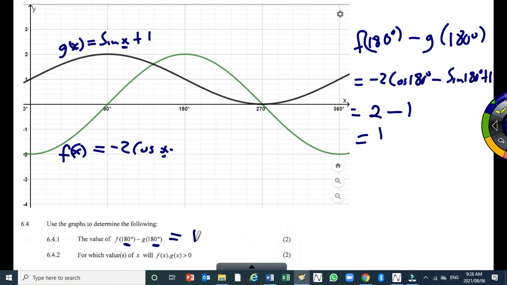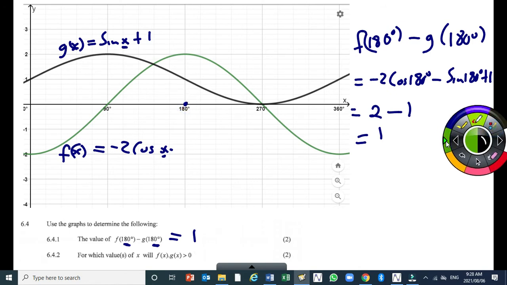Right? But if you want to use the graph now, you have to go to where 180 degrees is. Your 180 degrees is here. Do you agree with me that where x is 180 degrees, the graph of cos is above the graph of sine? Okay? What that means is the graph of f, its y value is greater than the y value for the graph of sine.